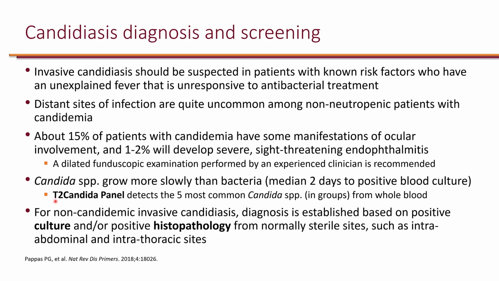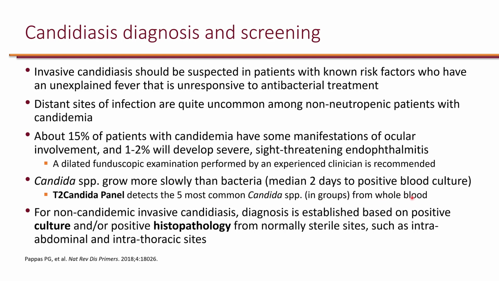And one rapid diagnostic that we have is the T2 Candida panel that can detect, not every Candida species, but it can detect the 5 most common Candida, and it does report them in groups. So it might not be able to tell you exactly which of these 5 the patient has, but it says, one of the 2 in a group.